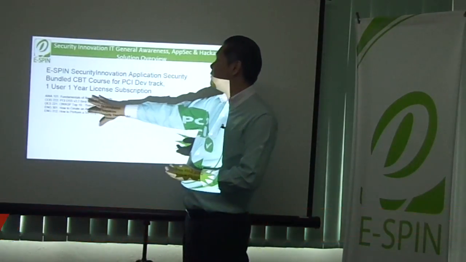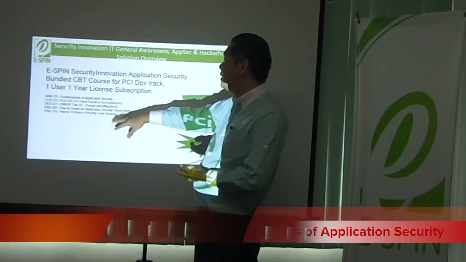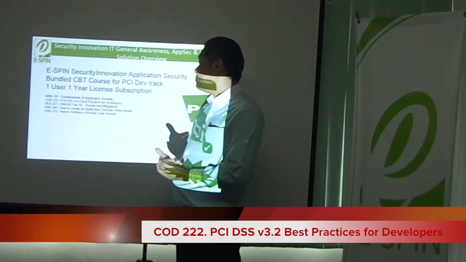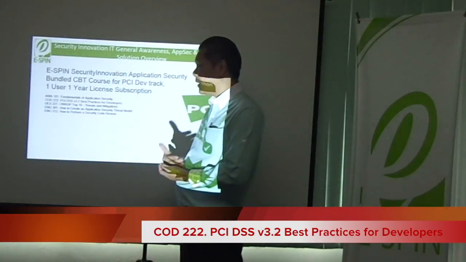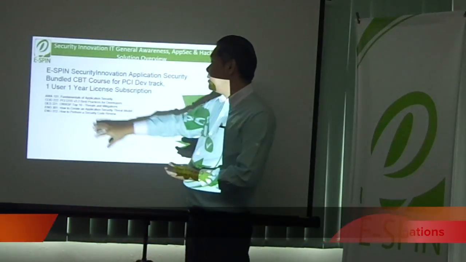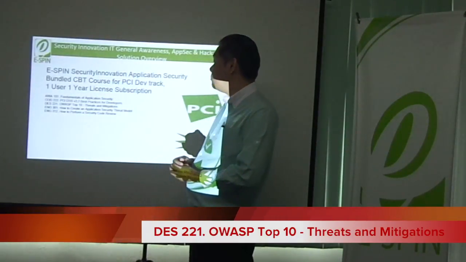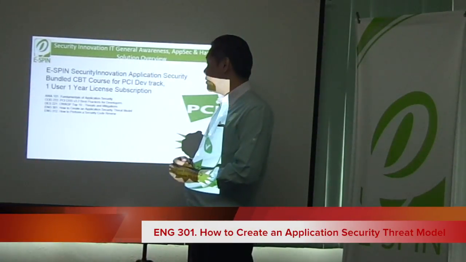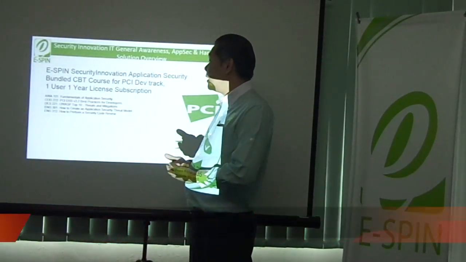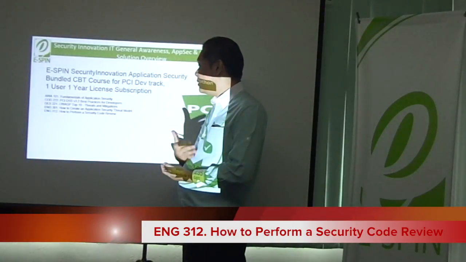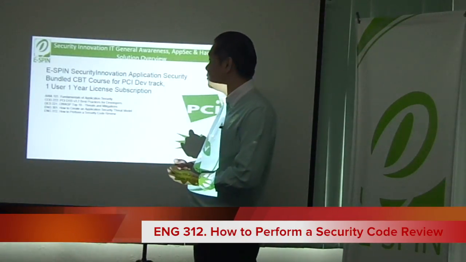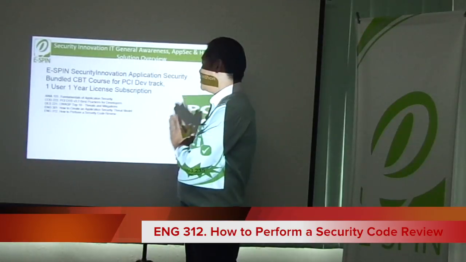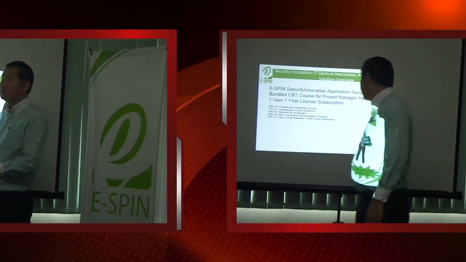They have the fundamentals of application security, PCI DSS version 3.2 best practices for developers, the OWASP Top 10 threats and mitigations, how to create an application security threat model, and how to perform a security code review. All those are relevant for people specifically in PCI development.